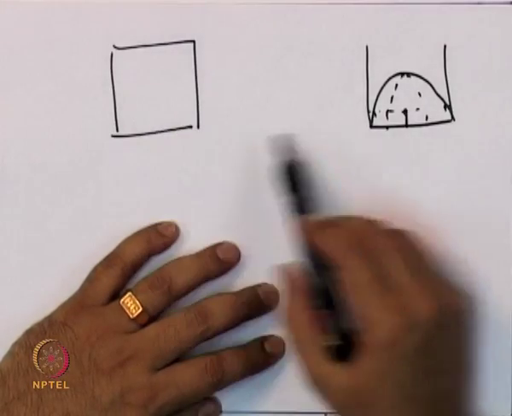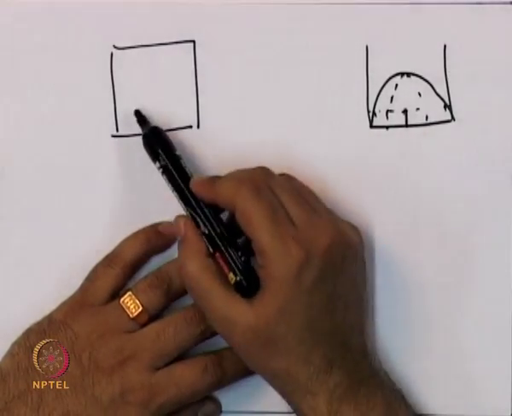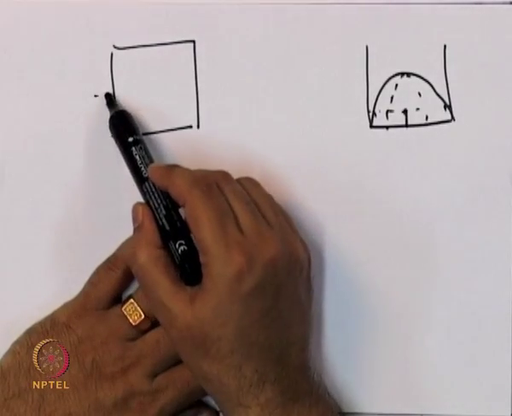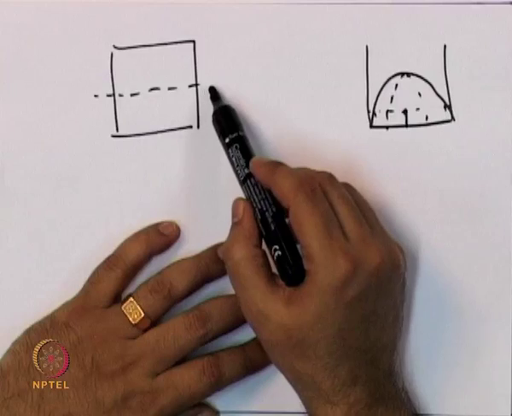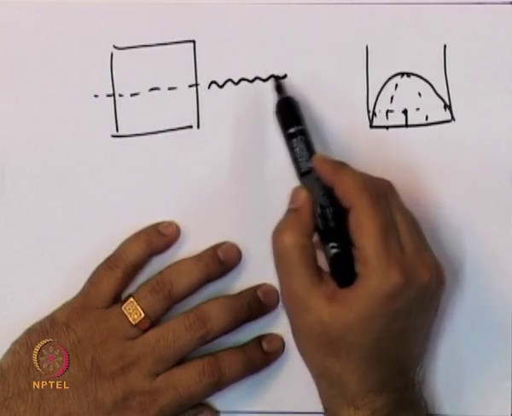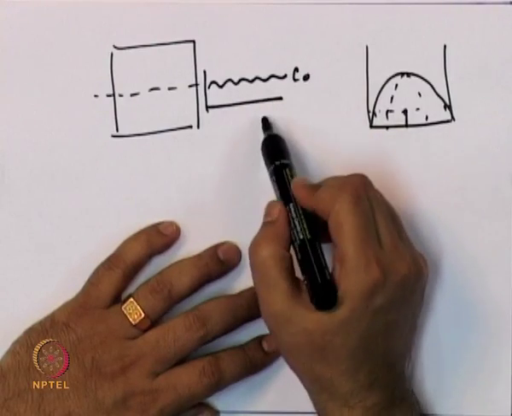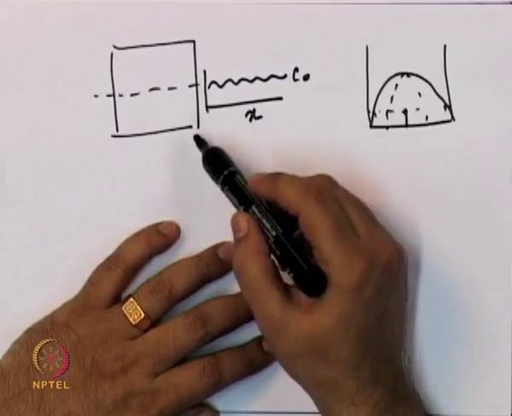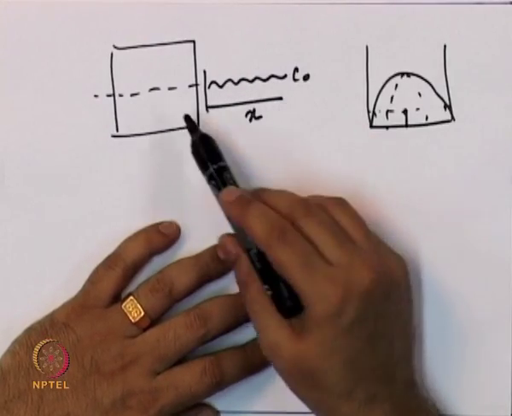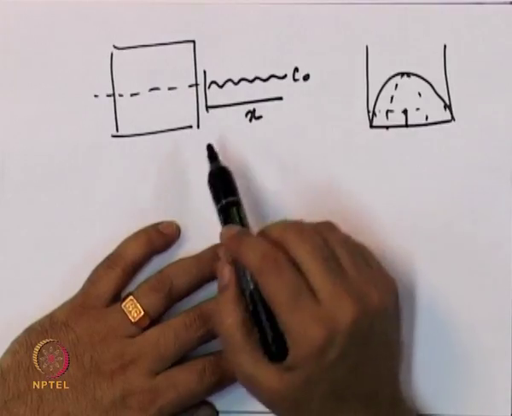The entire system is taken with this composition with some minor fluctuations. If you go across any line and look at composition, the composition is something like this. This is some C naught, the overall alloy composition, this is the position, and this is the fluctuation. And how this system is going to evolve is what we want to look at.